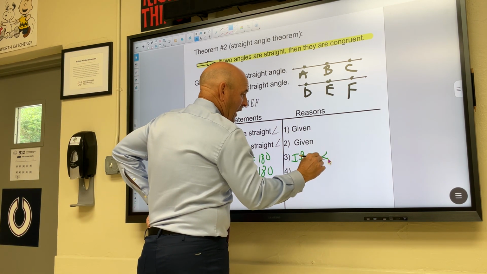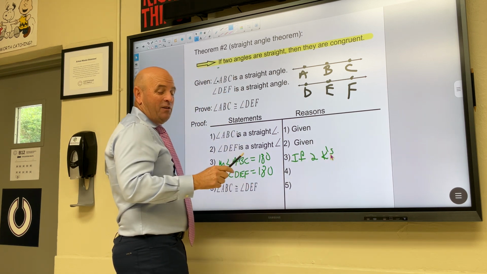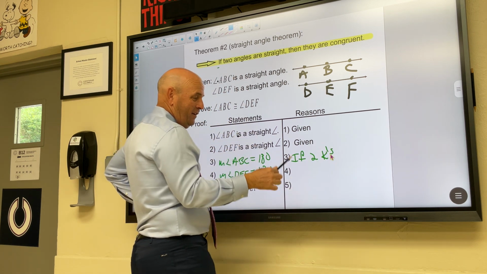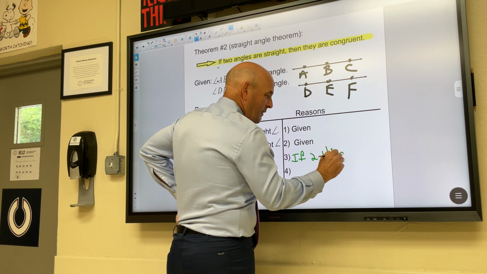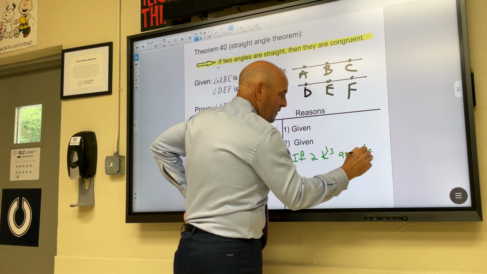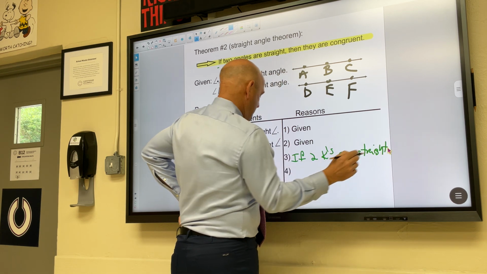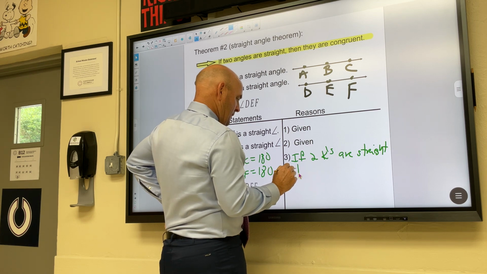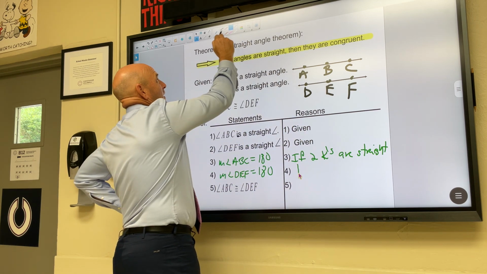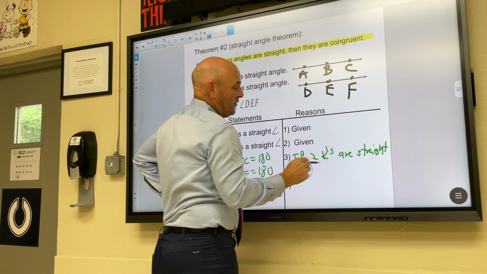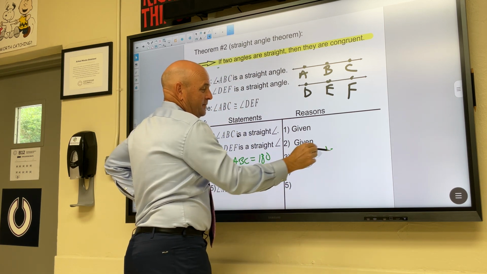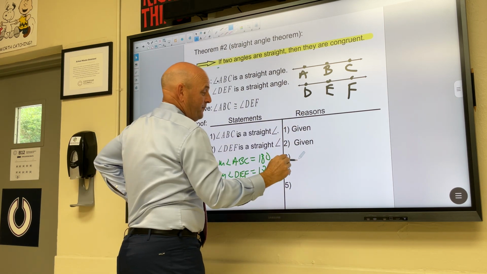I use a lot of symbols, right, to make my life and your life easier. If two angles are straight. I shouldn't say that. That's not right. Sorry. Why not just one angle? It's one angle, exactly. Thank you. I was getting ahead of myself.